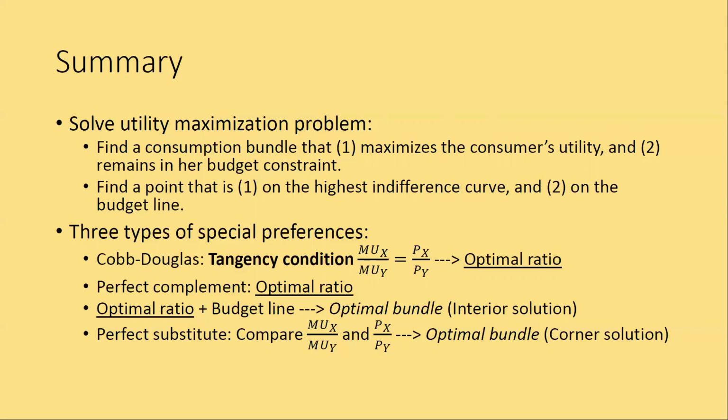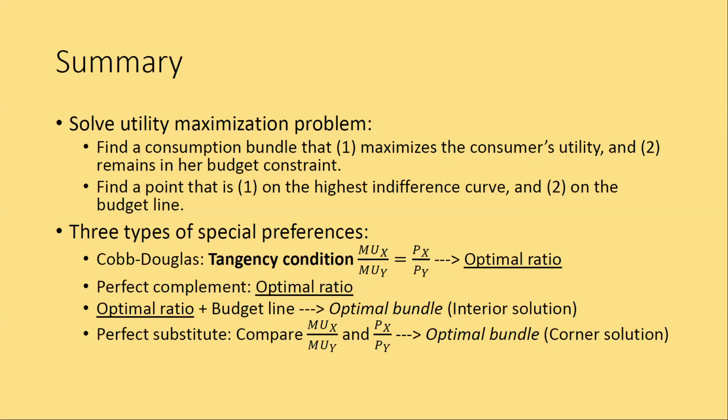And if we have perfect complement preferences, we can directly obtain an optimal ratio. With the optimal ratio, combining it with the condition that the optimal point must also lie on the budget line, we can find the optimal bundle. And in those two cases, we will find an interior solution.